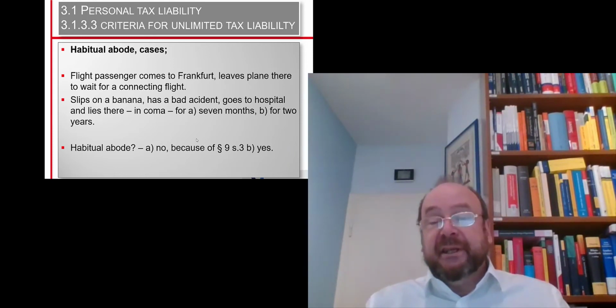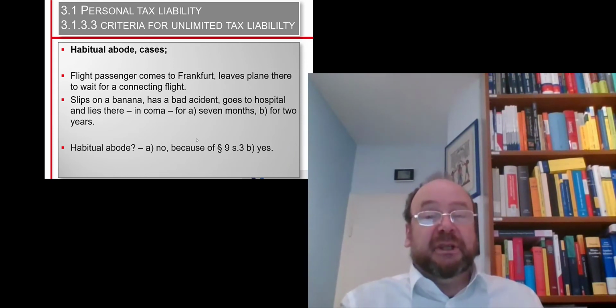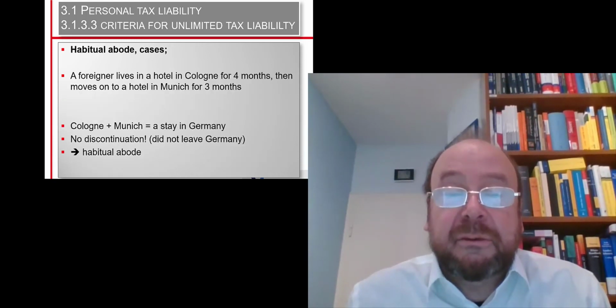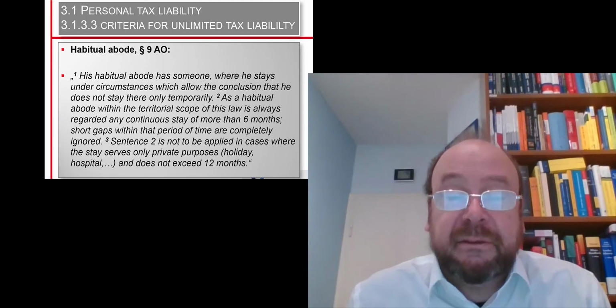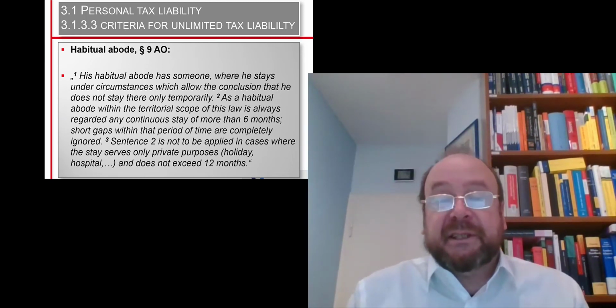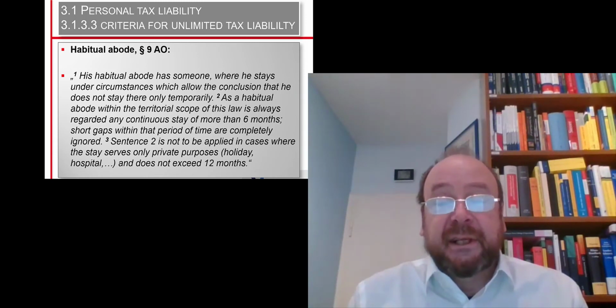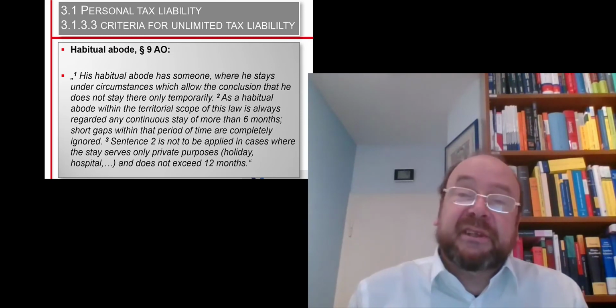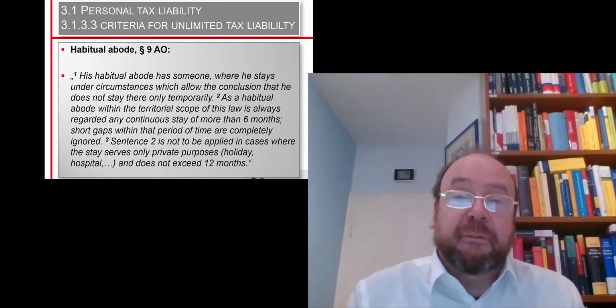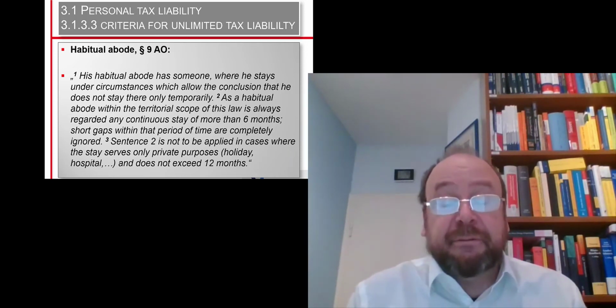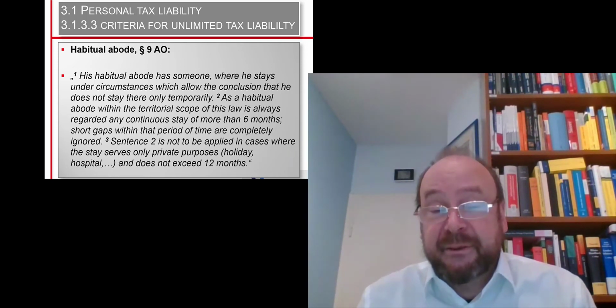And it's clear, you stay in Germany for more than 6 months. Let's go back to section 9 and read it. Section 9 AO, the General Tax Code, Abgabenordnung, says: as a habitual abode within Germany is always seen a continuous stay of more than 6 months. You lie in hospital in a coma for more than 6 months, 7 months. So that would apply, but fortunately you are saved by sentence 3.